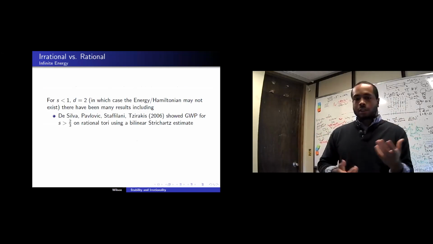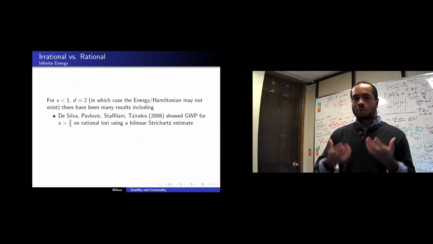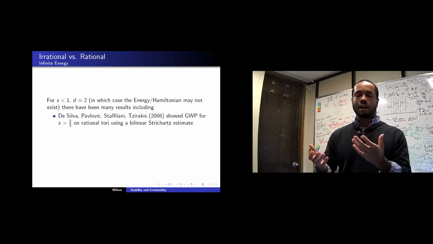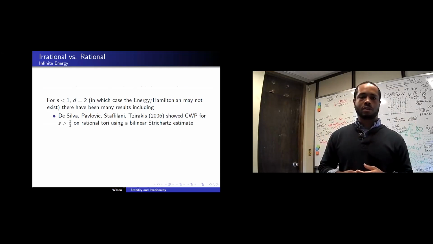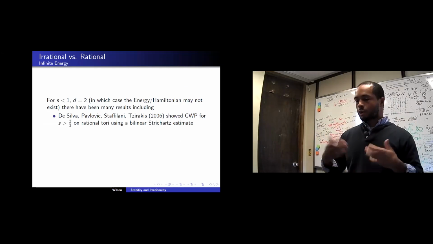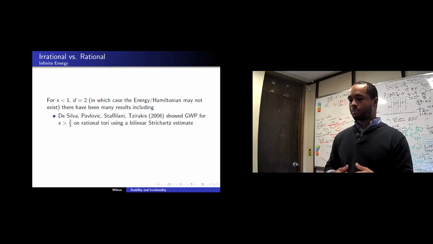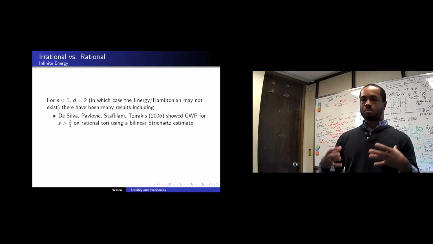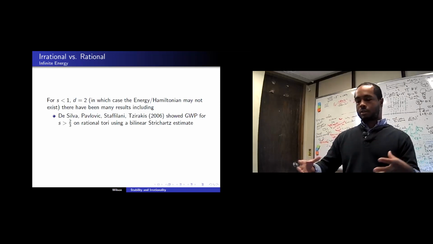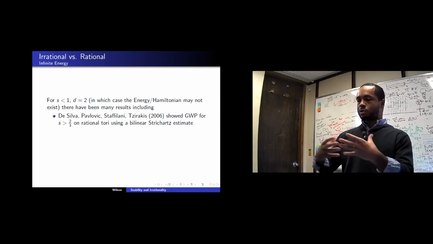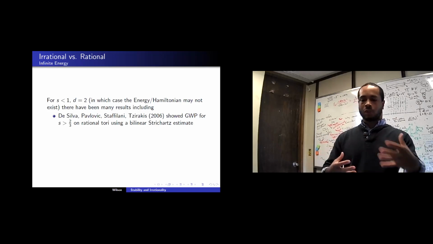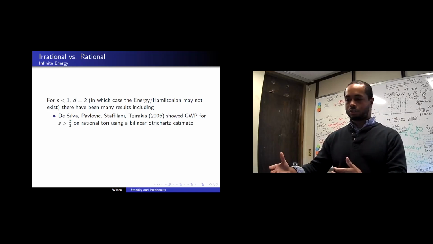Okay, so the question that people who apply harmonic analysis to dispersive PDEs ask themselves is, well, you can show nice results for the case where you have a Hamiltonian structure, where you can impose a symplectic structure in phase space. You can define a Hamiltonian that has a flow that's equivalent to that of the cubic nonlinear Schrodinger equation.